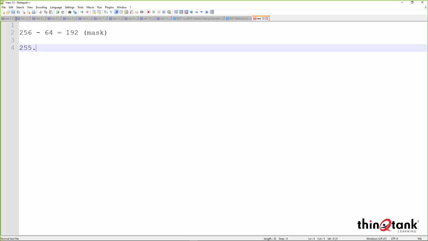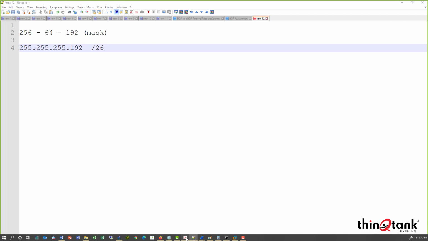So I'm going to apply a mask of 255.255.255.192, which ends up being a /26. Does that make sense? But that's a /26 for each of those separate networks on the right, because they're 50 hosts each. Let's see if that's what they came up with in this particular case.